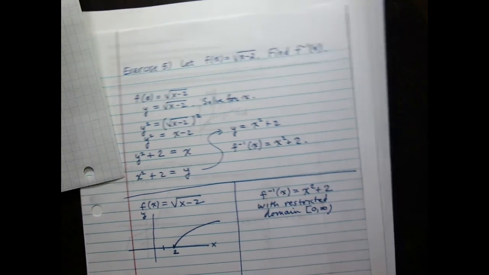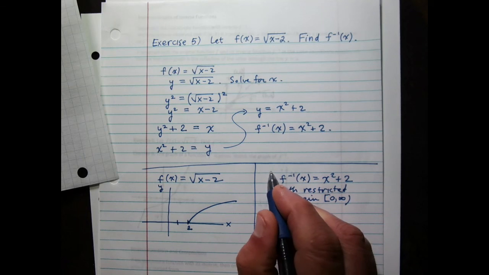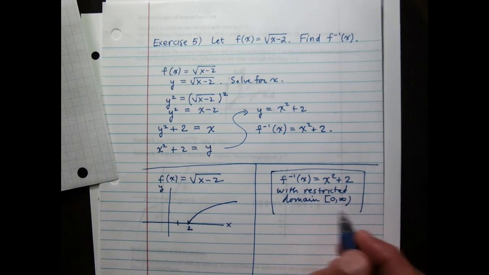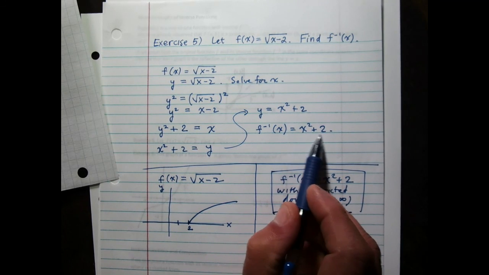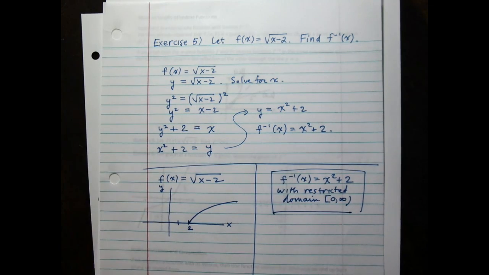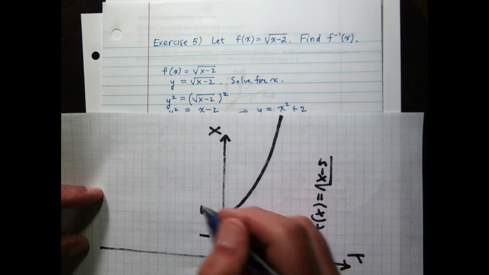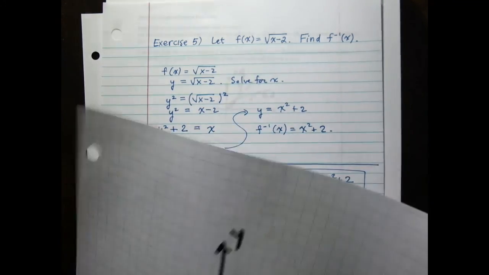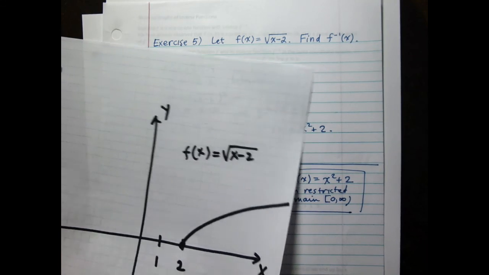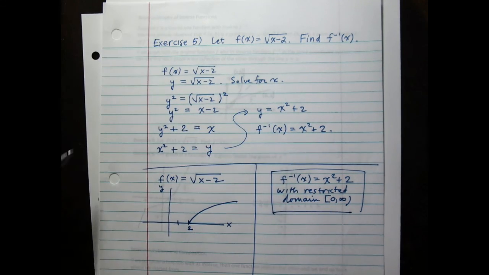So that's kind of the fine print in this problem number 5. I would say the answer is yes, x squared plus 2. But that's an entire U-shaped parabola. And we don't want the entire U-shaped parabola. Here we should only get half of it, because the graph has to come from this square root graph, which is only half a parabola to begin with.